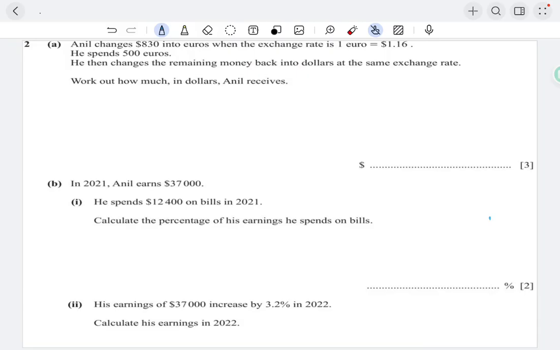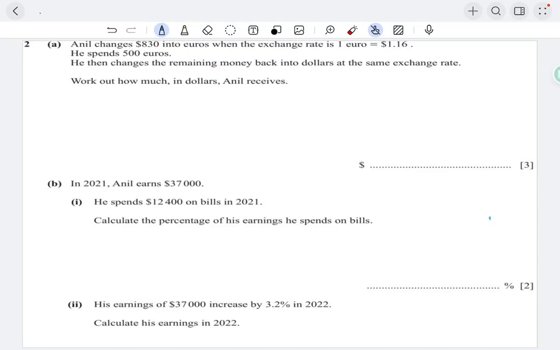Here we have a question about money and rates, and how to change from one currency to the other. So we have an example here. Anil changes $830 into euros when the exchange rate is €1 equals $1.16.